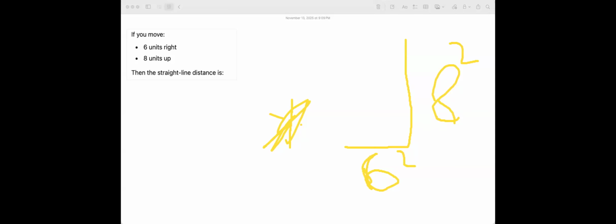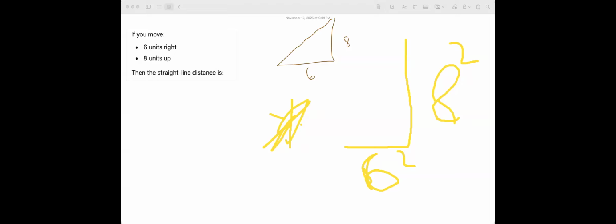Now, Sarvata, can you go ahead and explain? So what I did is, since it says 6 units, that means the bottom line is 6 units, and the top line is 8 units, and it's looking for the hypotenuse.